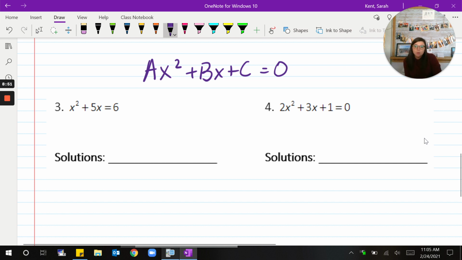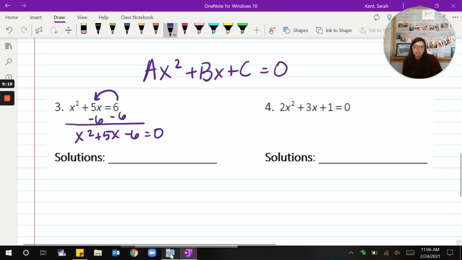So I need to move this 6 to the other side. So to do that, since this is positive, I want to use -6. So now I will have x squared plus 5x minus 6 equals 0. So now it is in standard form.